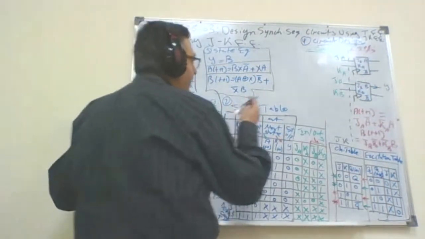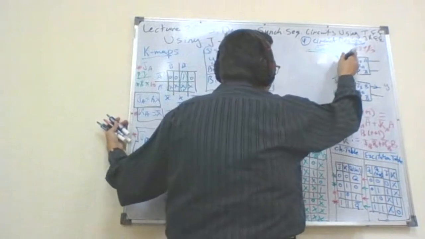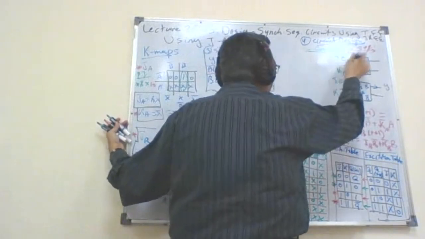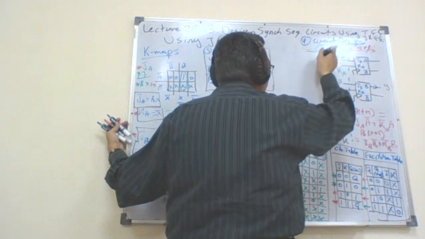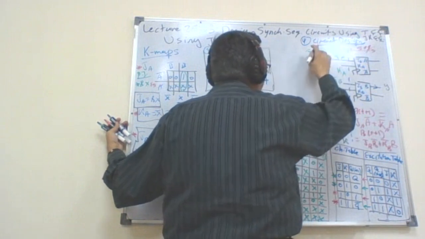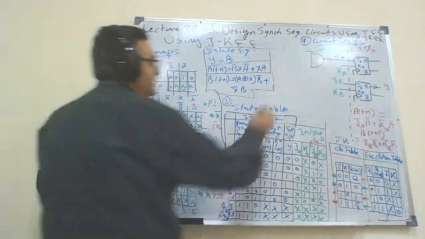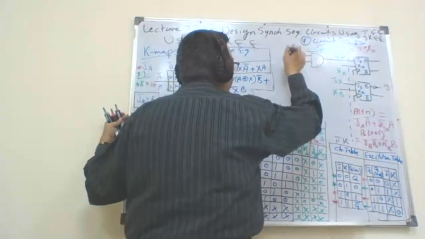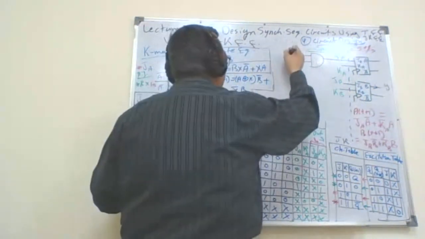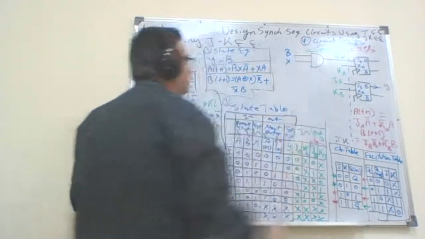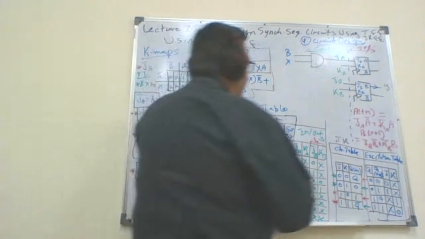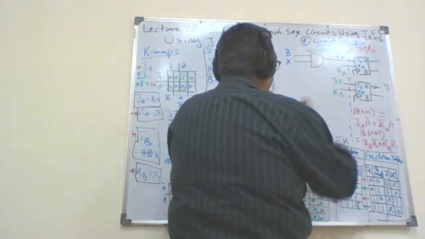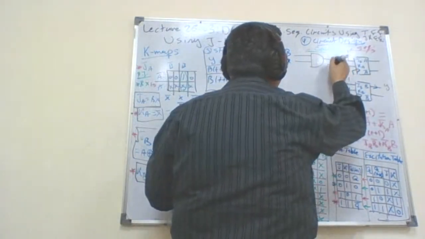As Dr. Ali recommends for you, you don't have to connect the feedbacks, to avoid congested drawing. JA is BX, so I simply write here BX. Right, KA is X bar, I can simply write here X bar.